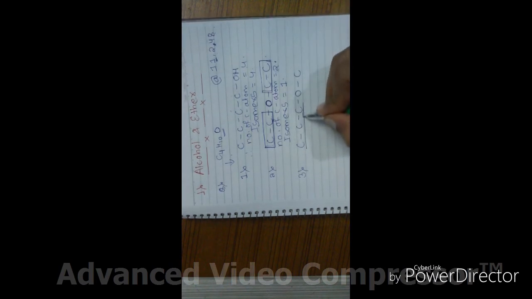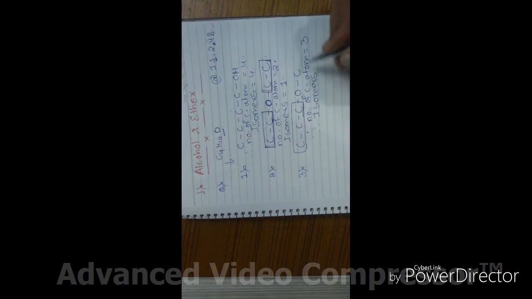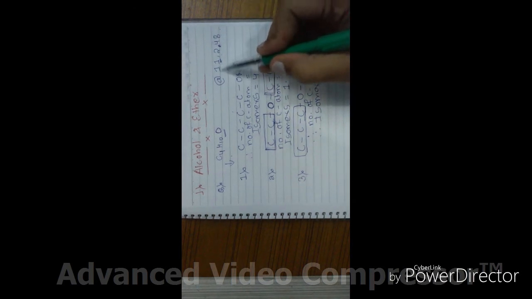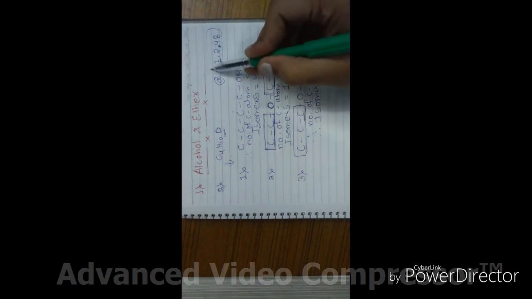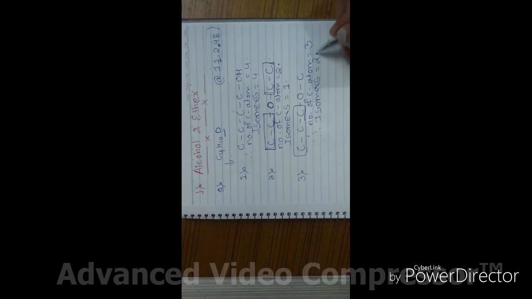We can write down this ether form in this form also. So here is the number of carbon atoms in the longer chain. So number of carbon atoms equal 3. So total isomers equal, for 3 carbon atoms we have to look at this rule: 1 carbon atom, 2 carbon atoms, 3 carbon atoms. So for 3 carbon atoms 2 isomers are present.